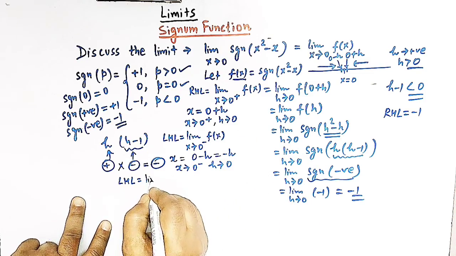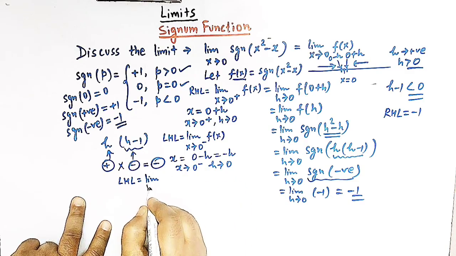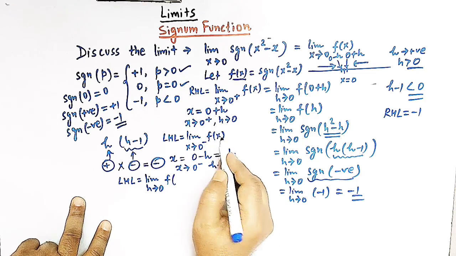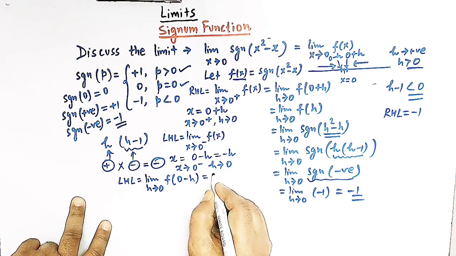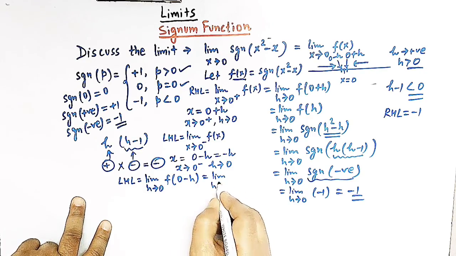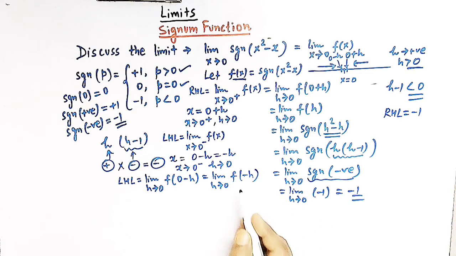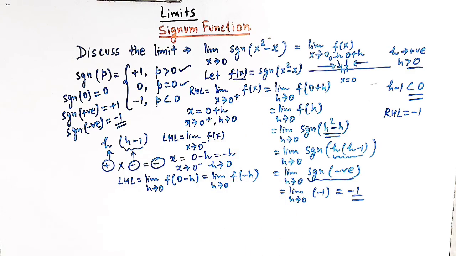So we have now limit, and for x tends to 0 negative, we have h tends to 0, and here we have f of x. x is 0 minus h. So we have limit h tends to 0, and here we have f of minus h. Now f of minus h can be obtained by replacing x by minus h.